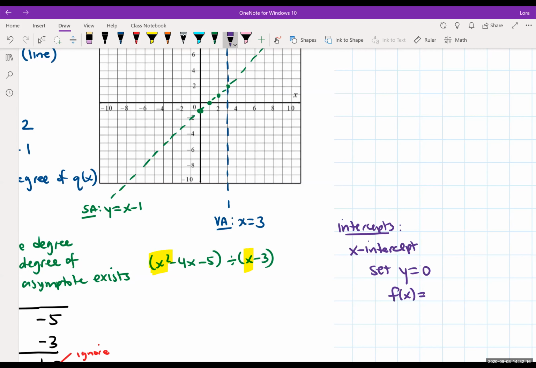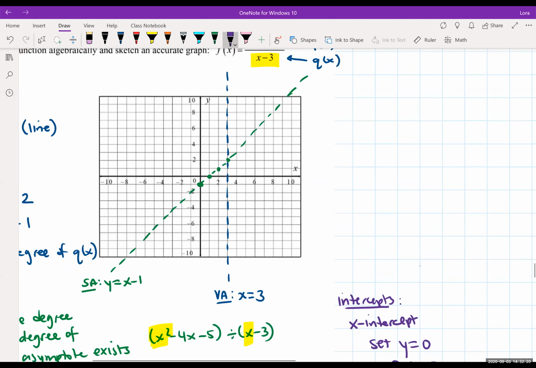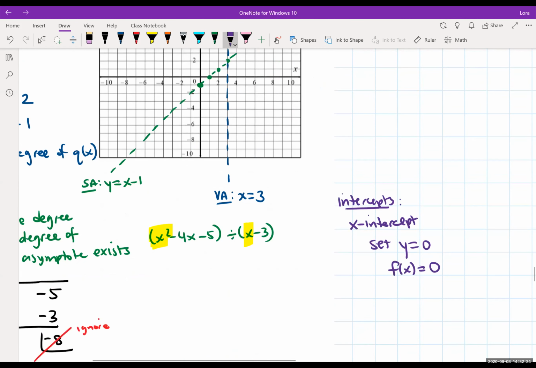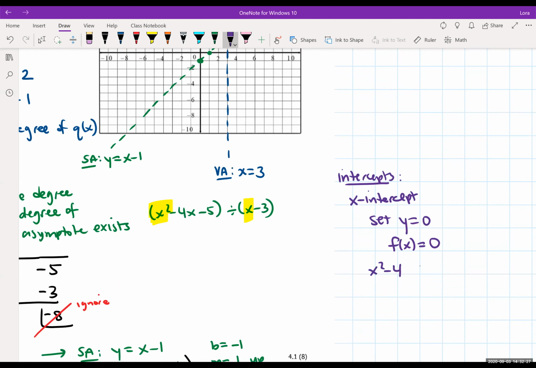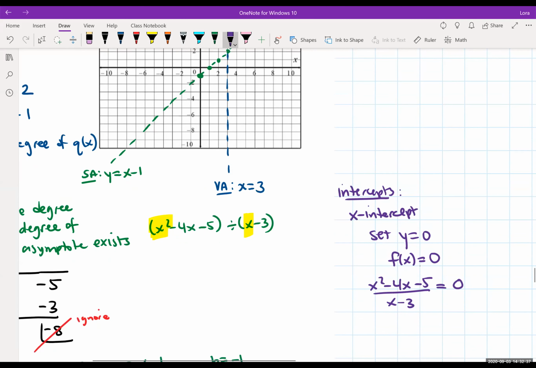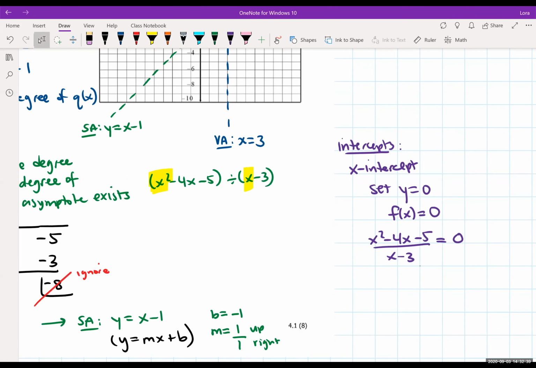So we don't really see a y, but we do know this: we are trying to solve f of x equals 0, that is, x squared minus 4x minus 5 over x minus 3 is set equal to 0. Double check, I've got the signs and the terms right. Now you're going to solve this resulting equation.